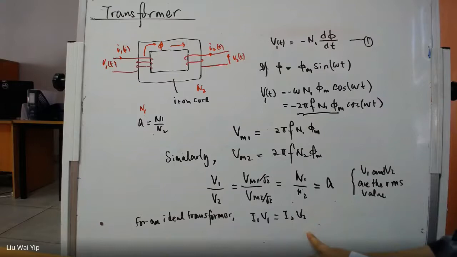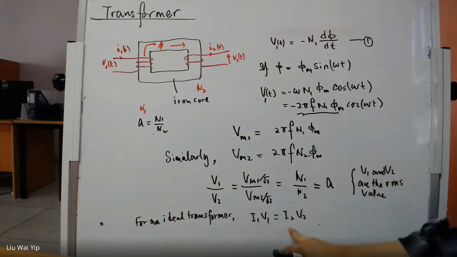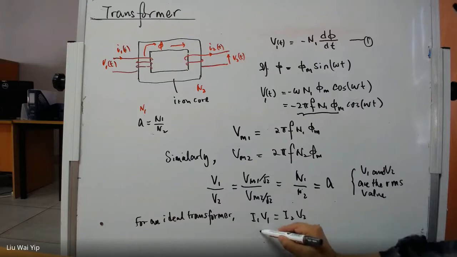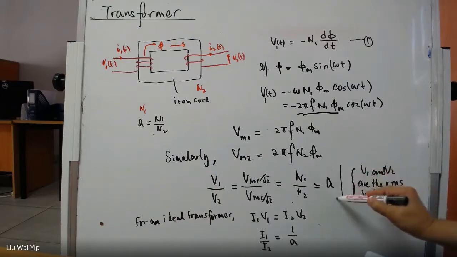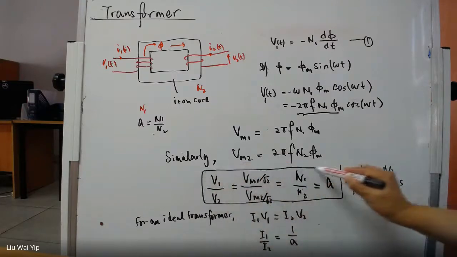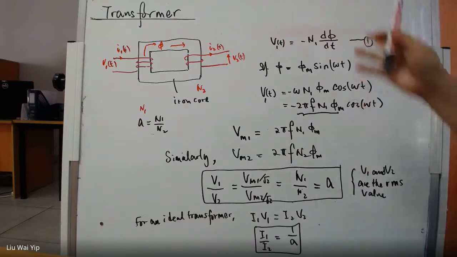So now you have these relations here, and you also know that V1 divided by V2 is A. So we can say I1 divided by I2 is equal to 1 over A. So this is another important relation for an ideal transformer. Now, I don't have enough space here.